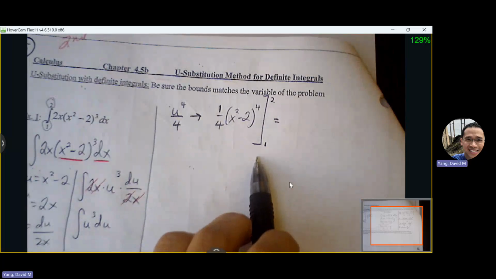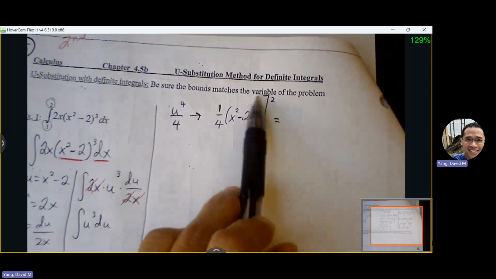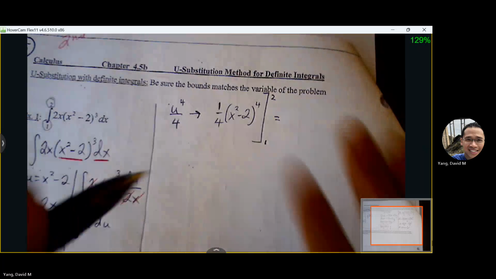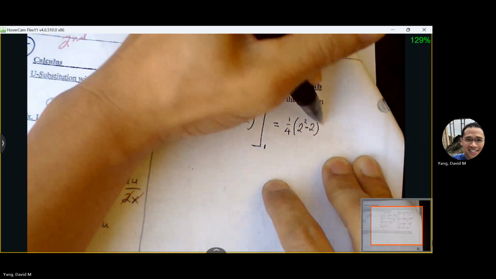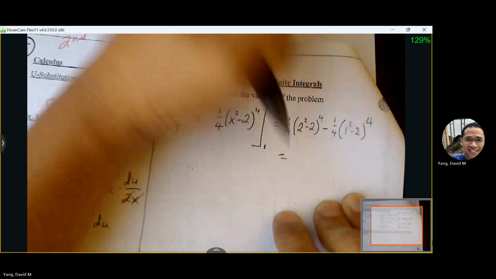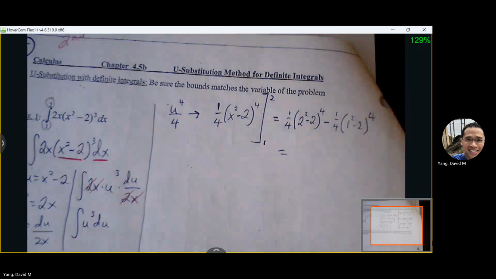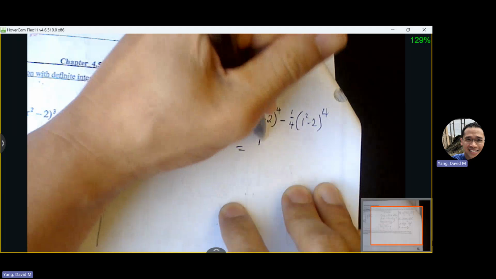The half bracket indicates that I'm ready to plug in my bounds. What value do we plug in first? Good, upper bound gets inserted first. We end up with 4 minus 1/4, which is 15/4.